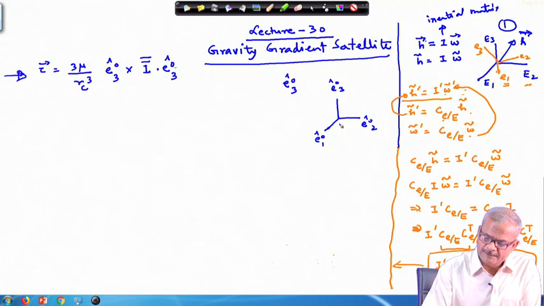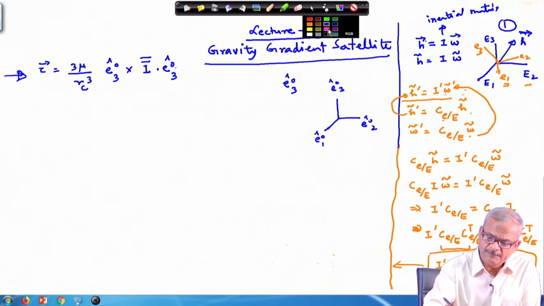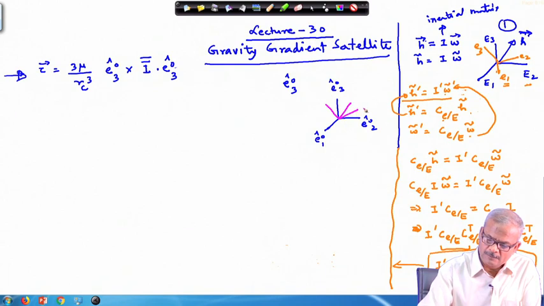These are the unit vectors along the three directions of the orbital reference frame, and with respect to this our body frame is oriented. Say this is E1 cap, we can indicate it by a B to indicate this is along the body frame. This is 2.